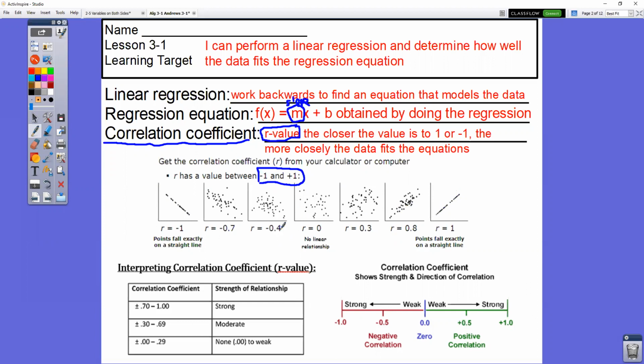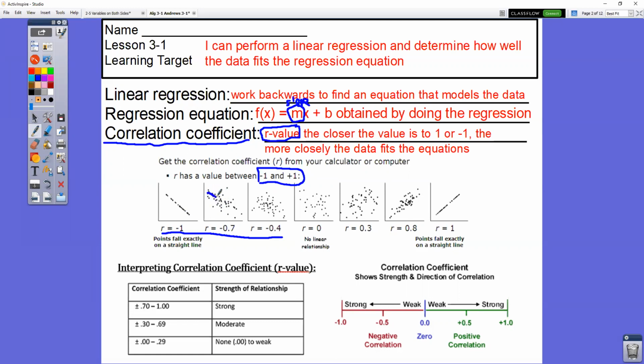And notice that all of our negatives, the general trend of the data as you go from left to right is going down. This is going down almost in a straight line right here when it's at -1. But as we get closer and closer to 0, notice that our dots are spreading out a little bit. Our dots are getting a little bit farther away.